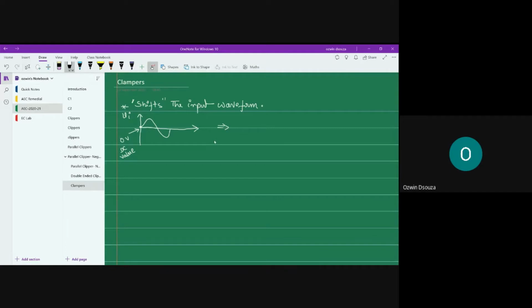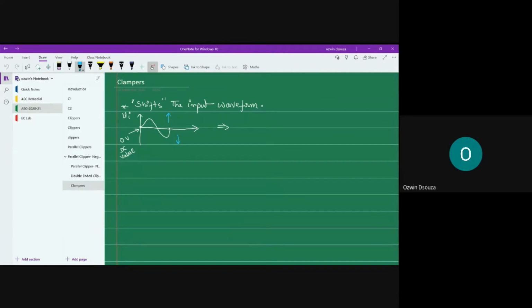desirable to shift the waveform. When I say shift the waveform, one can shift it either in the positive direction, above the reference axis, or one can shift the waveform in the negative direction, below the reference.